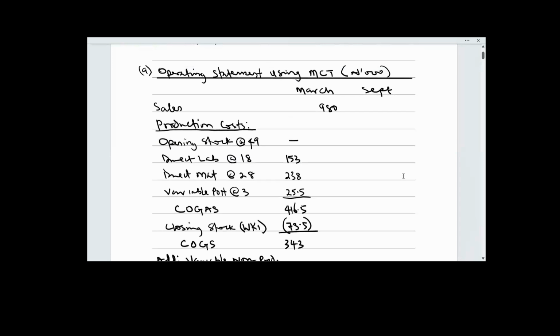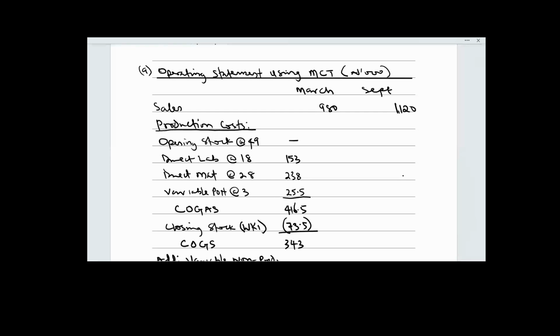In September, how many units were sold? 8,000. Multiply by 140 naira per unit. 1,120,000. Put it on the credit side. 1,120,000. That's the total sales in September.